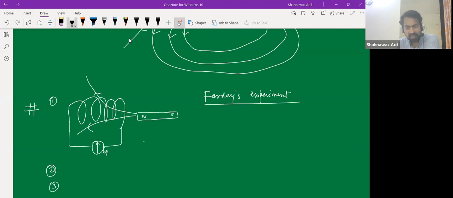How much is answered by the ammeter, which measures how much current is passing, but the galvanometer just detects the presence of current. So if deflection is happening, then current is passing. We'll see in which case the deflection happens through this coil.